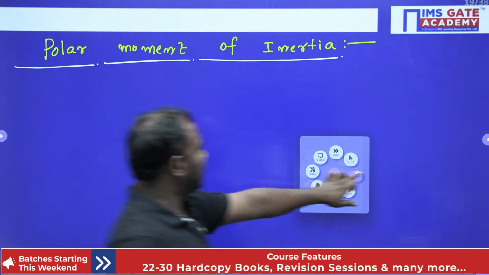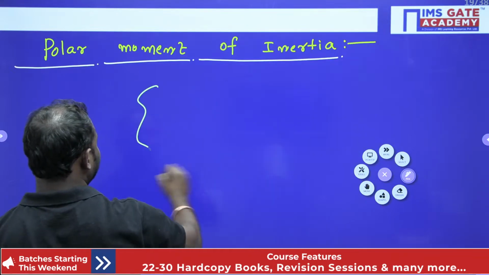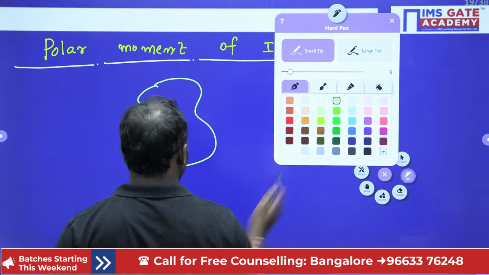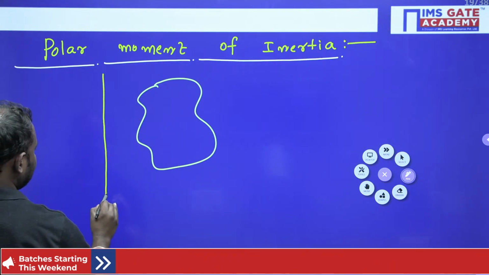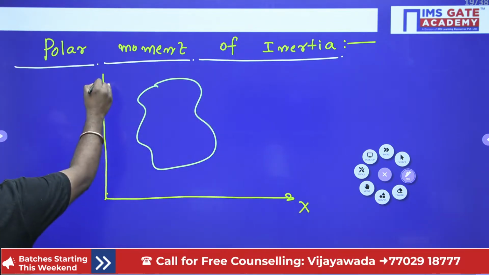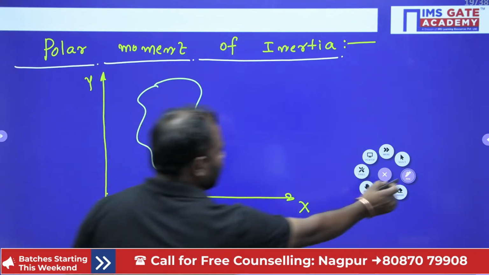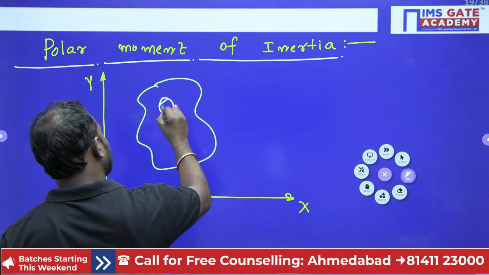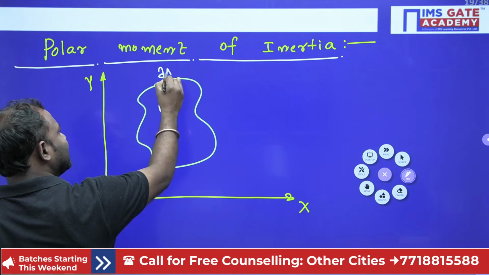Now for that, again I am going to consider a small area, right? Now again, this is my y-axis, and this is my x-axis. Here there is a small elemental area, say dA.